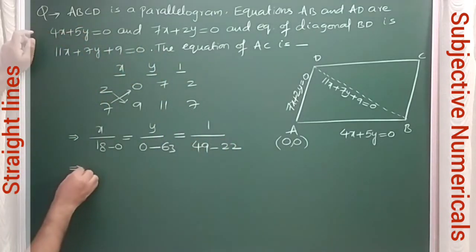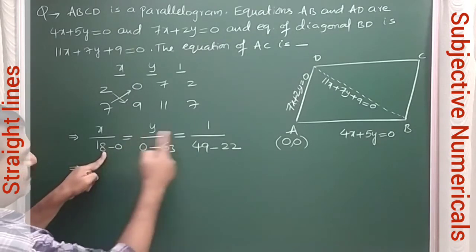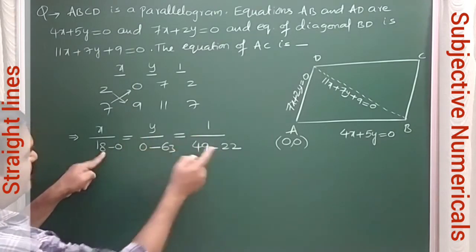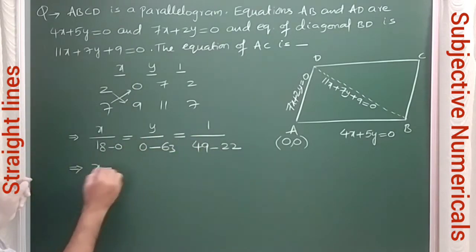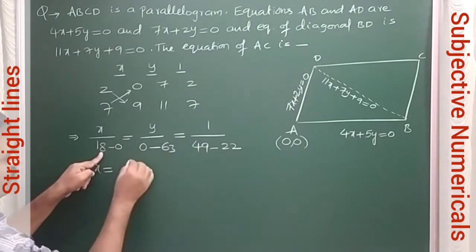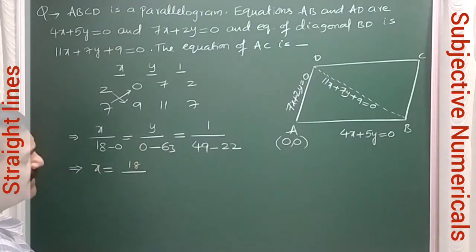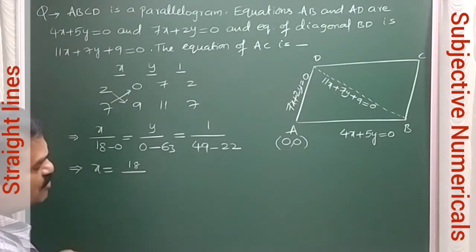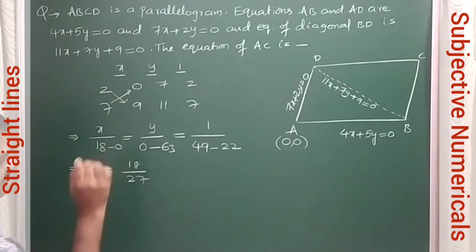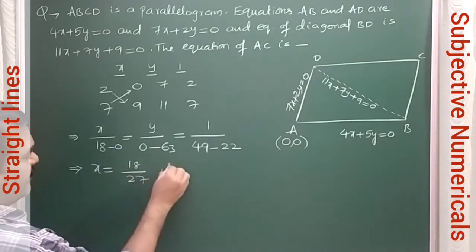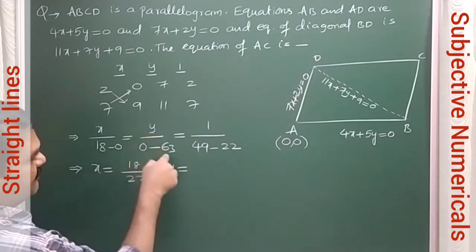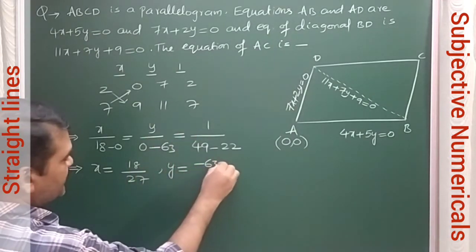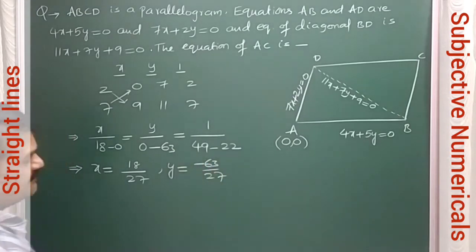So what is going to be x now? Equating these two, x is equal to 18 by 49 minus 22, that means 27. Now coming to y, minus 63 by 27.